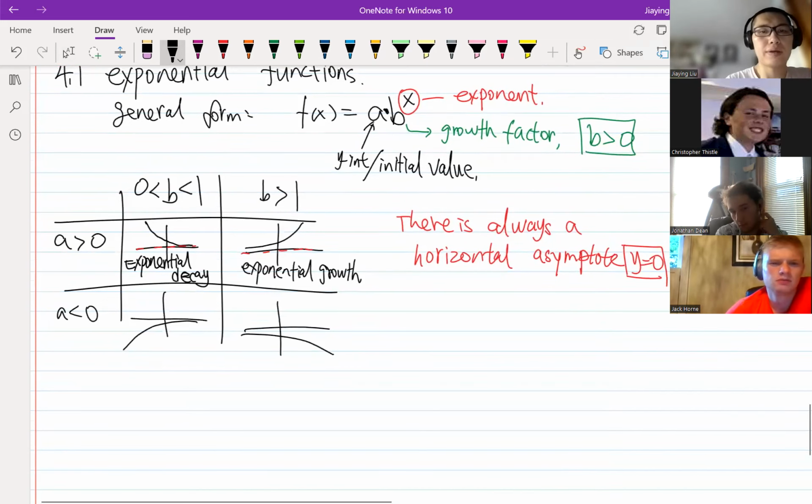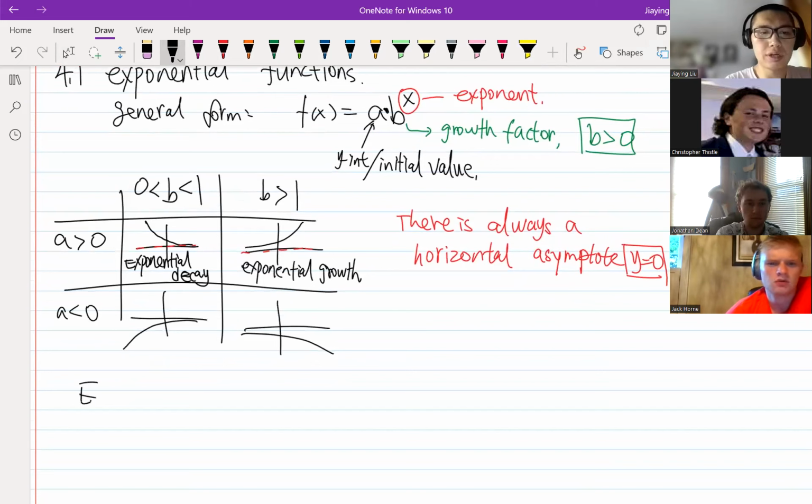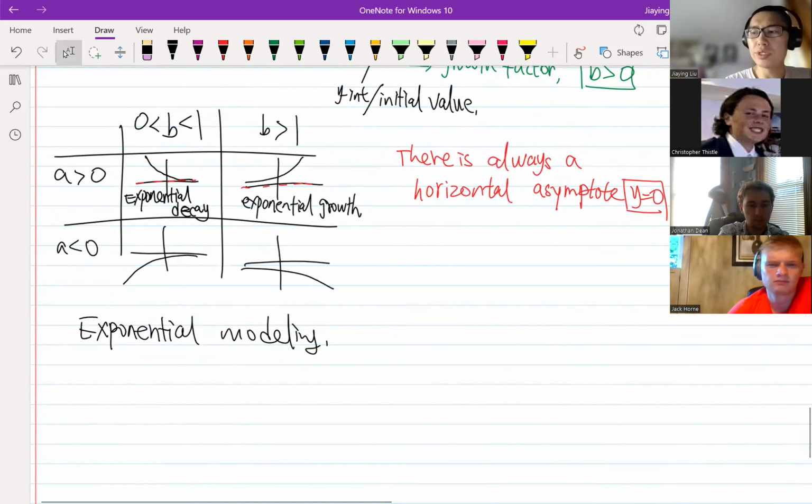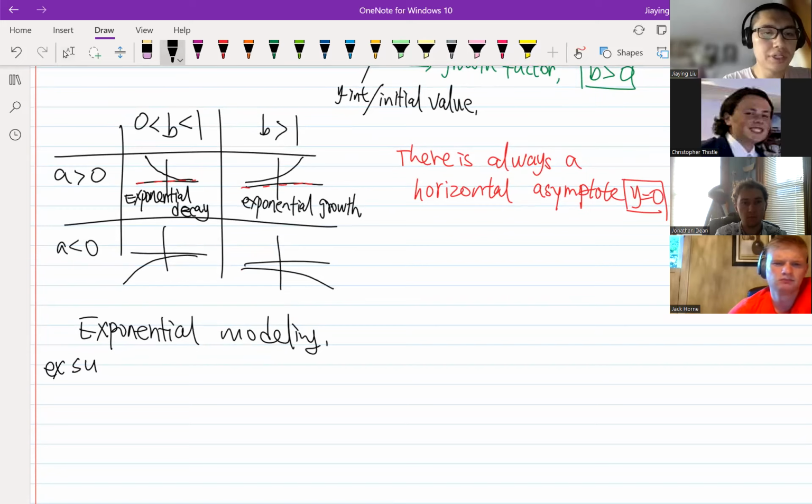All right. So let's look at some examples. We're going to talk about exponential modeling. So let's suppose, this is the first example.